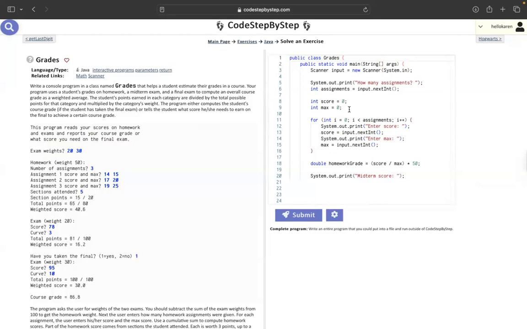Well, I did this. This is what I had so far for my code. I know how to continue on from here. Okay, so let me ask you something. How do you calculate the homework grade? Just the homework portion of the grade.